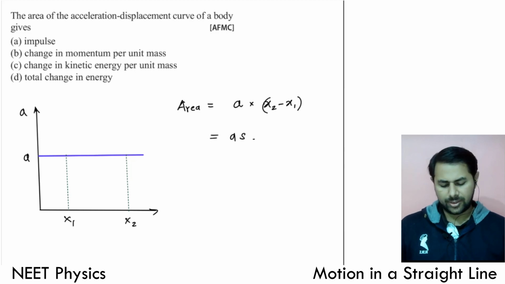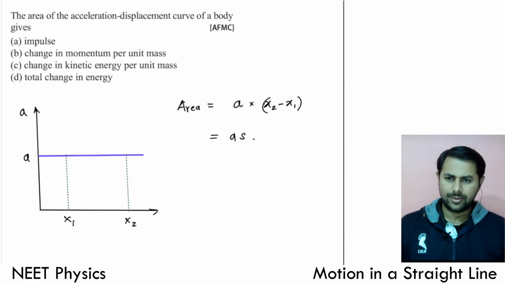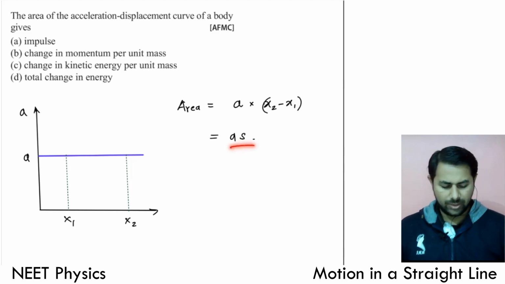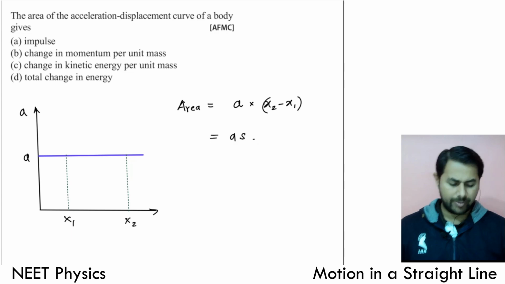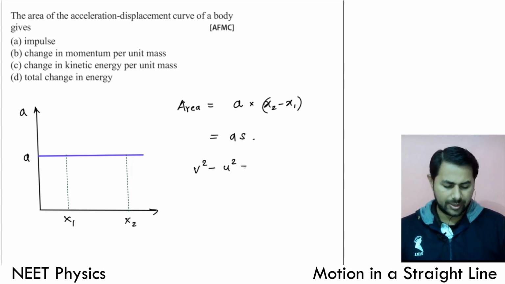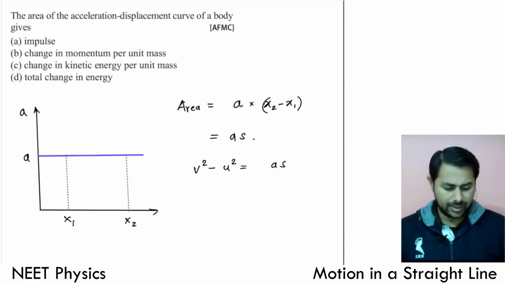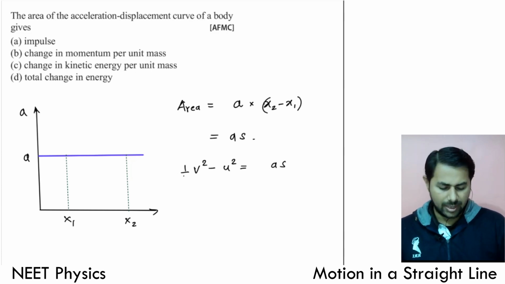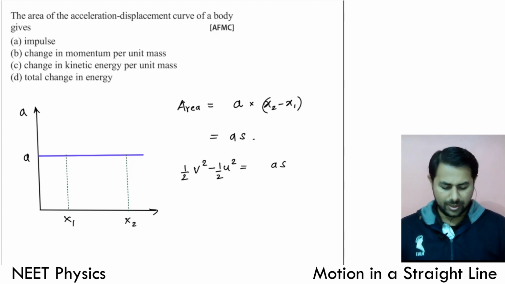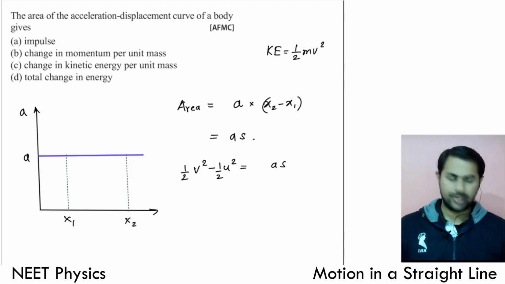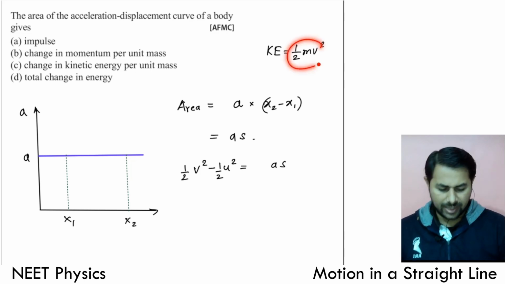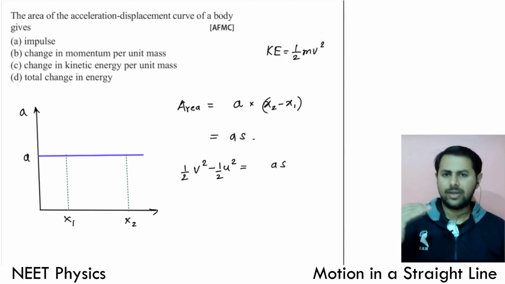It is option C, change in kinetic energy per unit mass. Very good. You have this a times s, then you remember v square minus u square is equal to 2 times a into s. If you take that 2 on this side, it becomes half v square minus half u square is equal to a into s. And the formula for kinetic energy is half m v square. So kinetic energy per unit mass gives half v square.